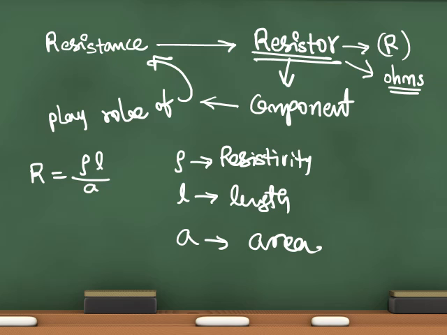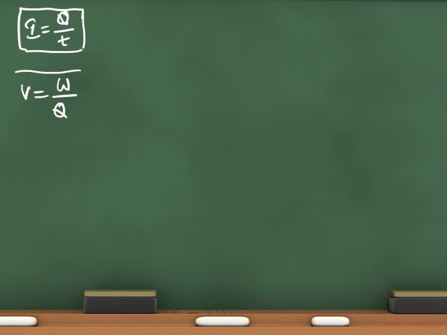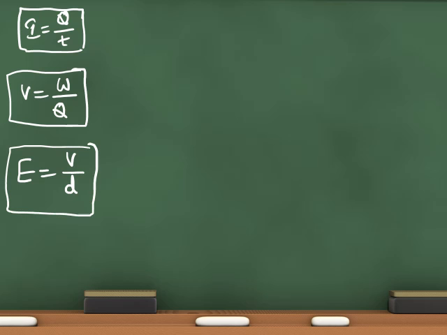We know that flow of charge equal to current, that is Q by T. And what is voltage? Voltage is W by Q. And what is E? E equal to voltage per distance, or V by L. And what is P?